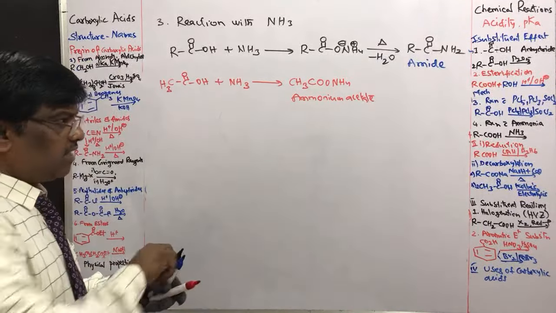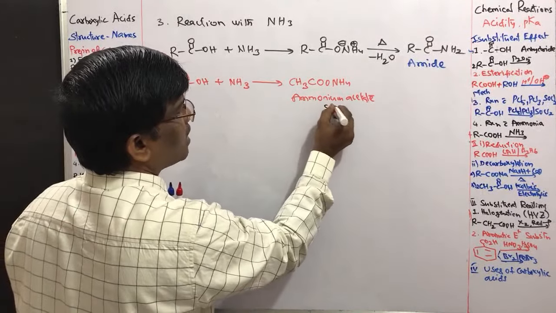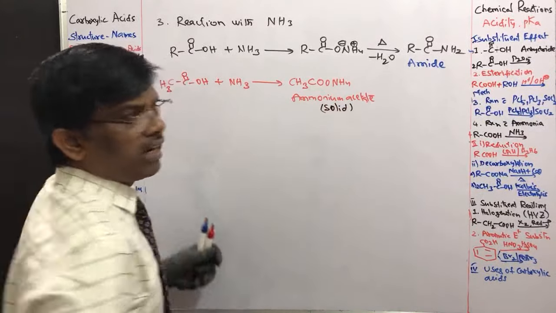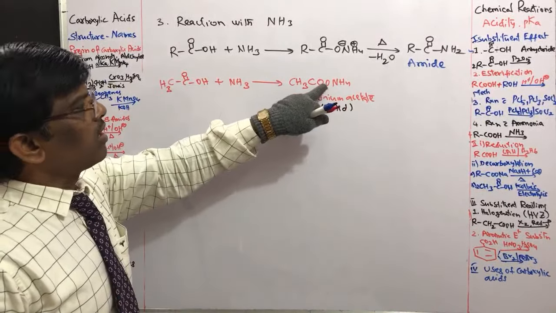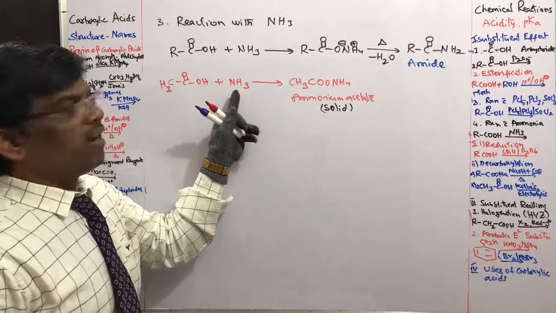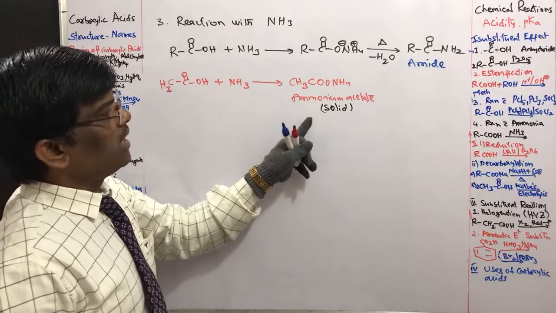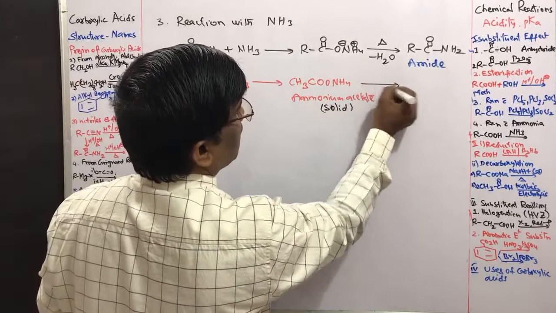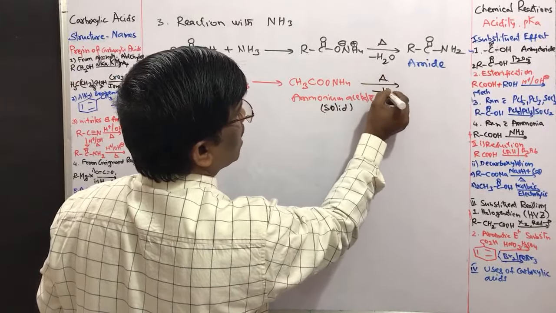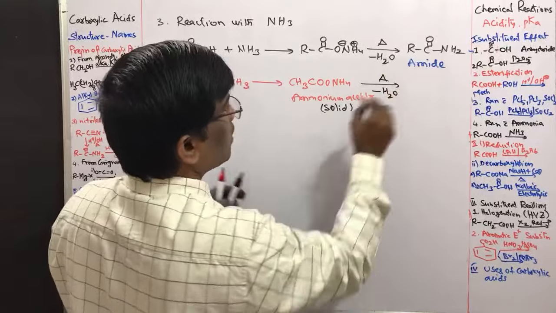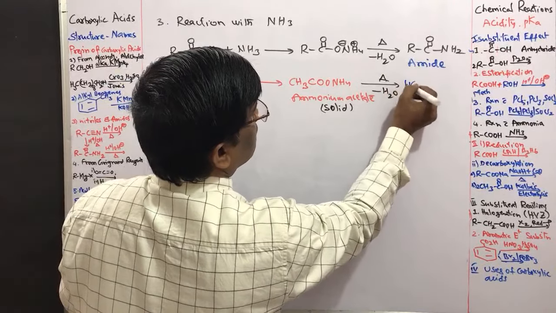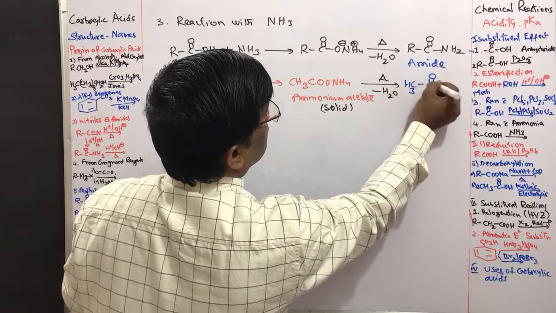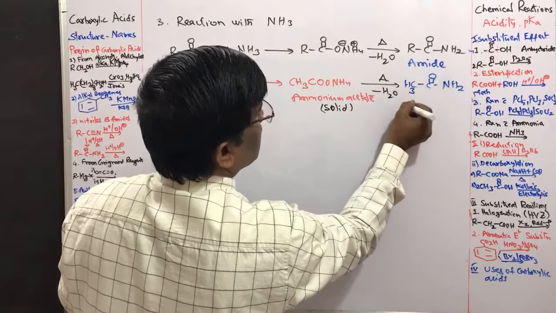Ammonium acetate is a solid and a buffer, a salt of a weak acid and a weak base. When I heat it, it loses water to form acetamide. This is acetamide.